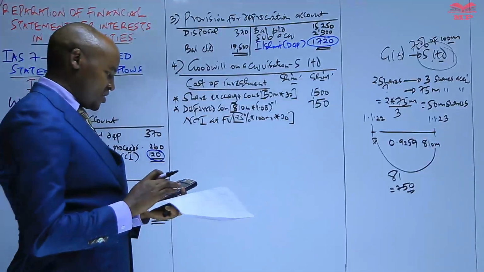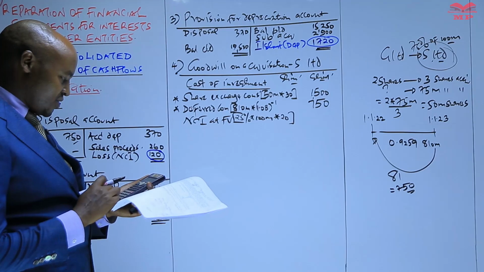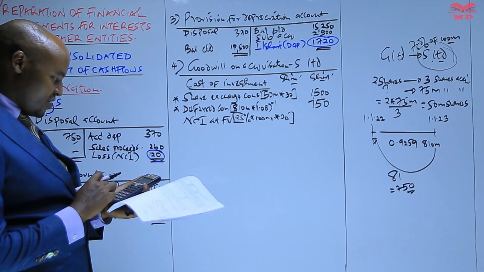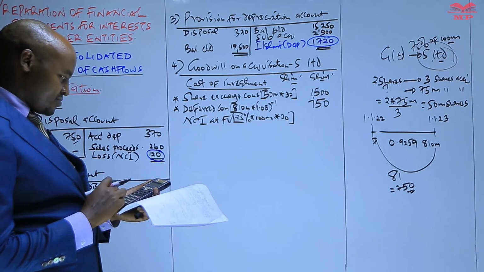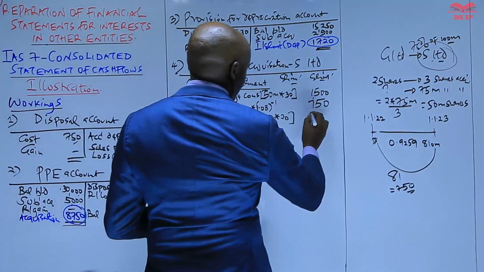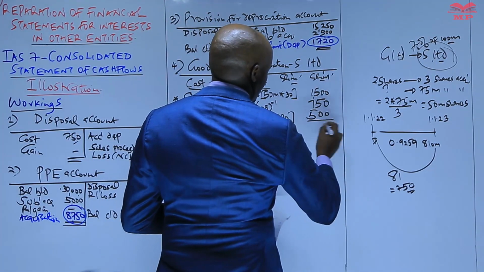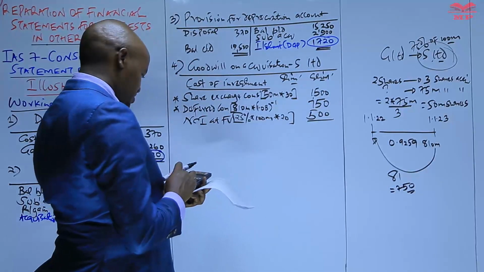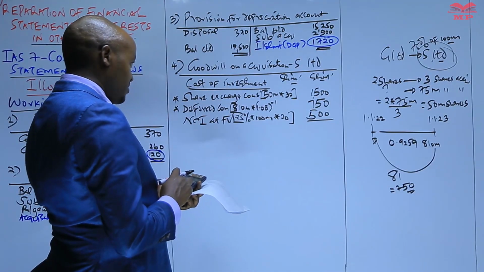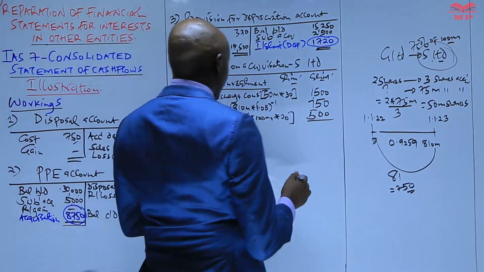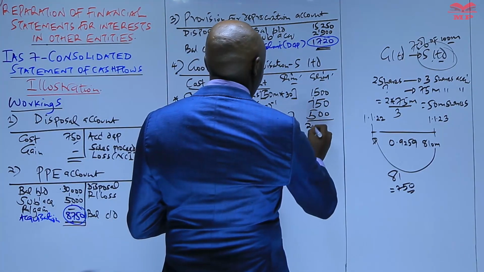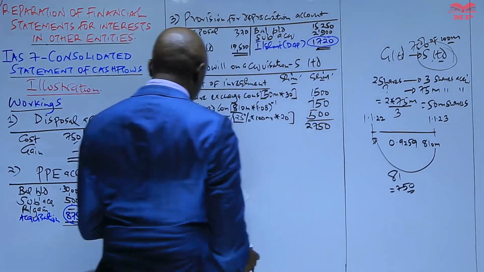So that's how we compute the NCI at fair value, because it's not given. So we have 25 times 100 times 20, which will give us 500. So we add that to 750 plus 1500, which will give us 2750.